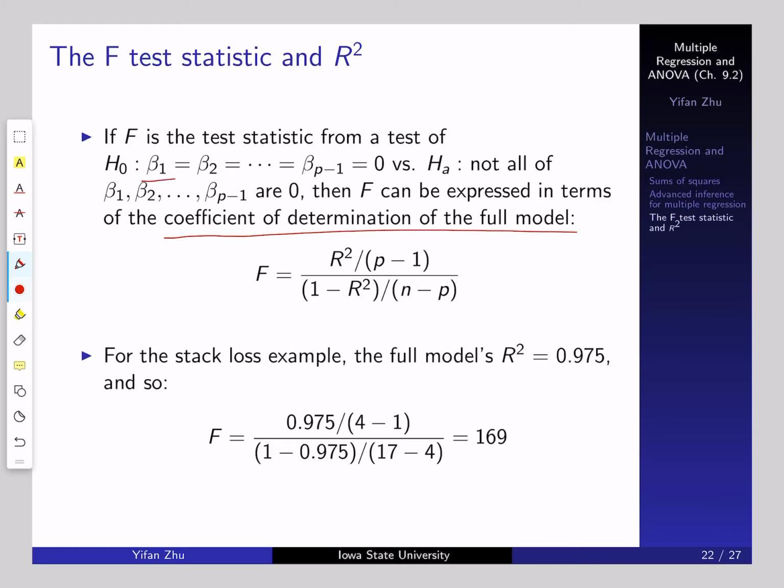If you test this, so you're testing the full model against an intercept only model. And for the stack loss example, the full model's R squared is 0.975. So the F statistic, the observed version, is 169 if you use the R squared to calculate it.